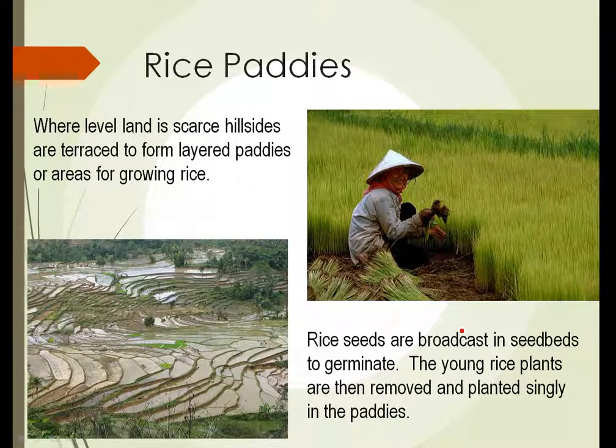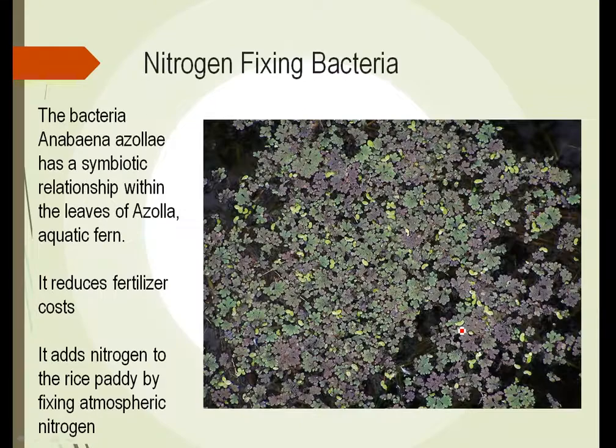They're allowed to grow to maturity in the rice paddies, and then an opening is cut in the walls surrounding the paddies, allowing the water to drain out. That then allows the fields to be dried so that people can get in and harvest the rice crop.